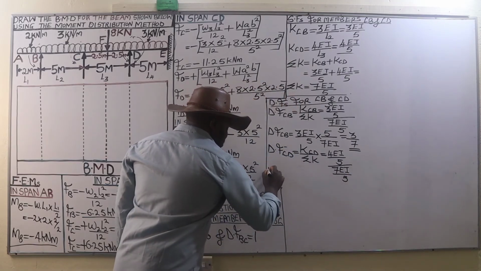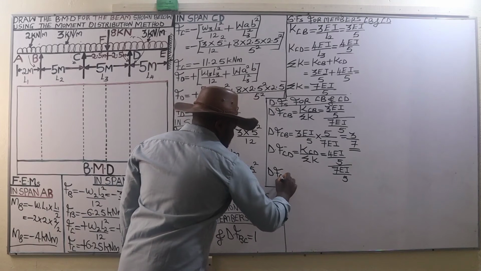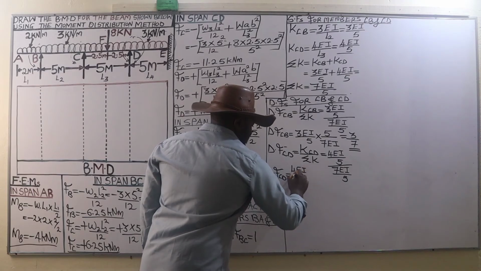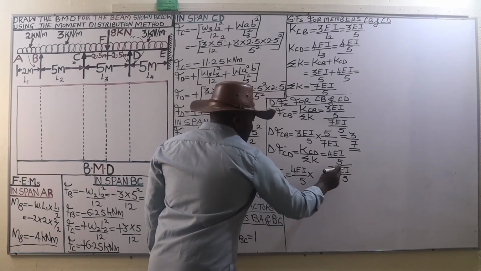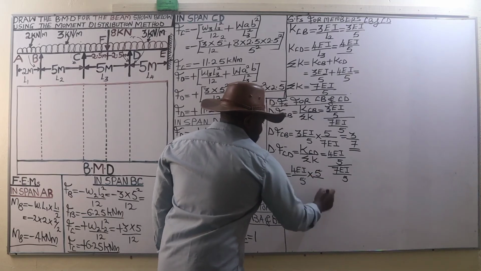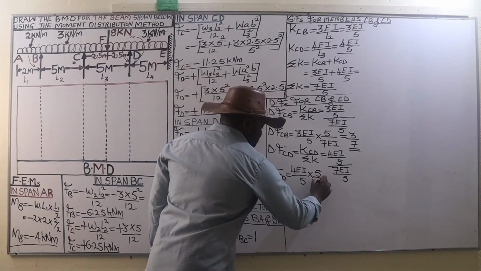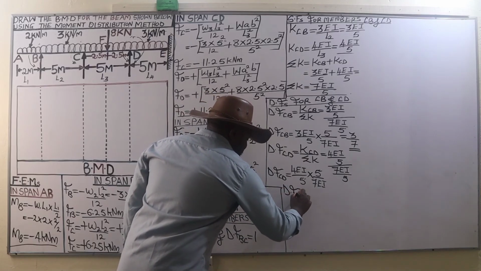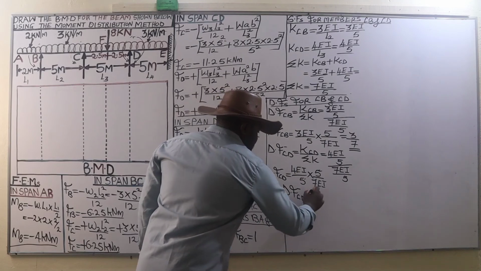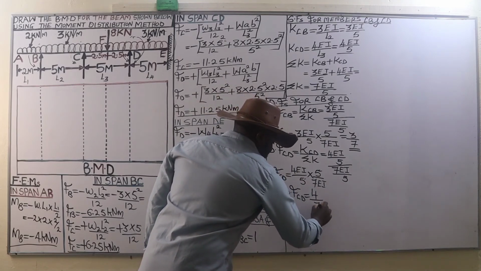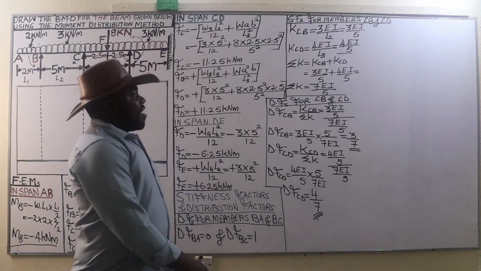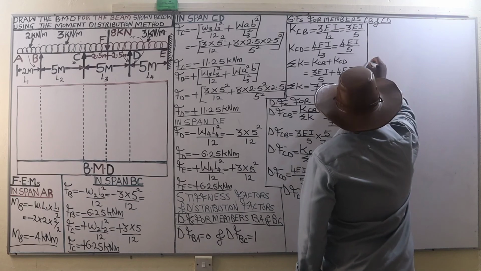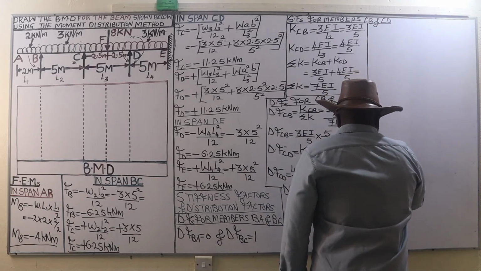When we do so, the distribution factor for member CD is equal to 4EI divided by 5 multiplied by the reciprocal of the summation of K, that is 5 over 7EI. And this gives us a distribution factor of 4 divided by 7. So that is it. Then from there, we move to our next members.